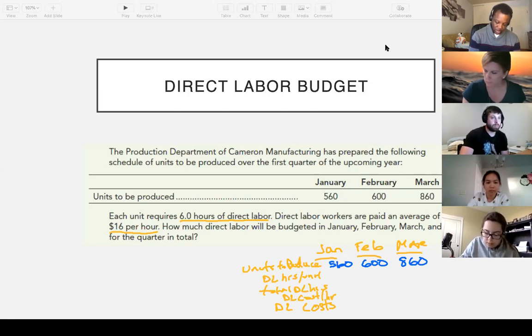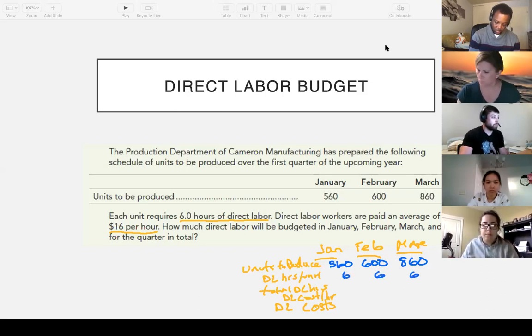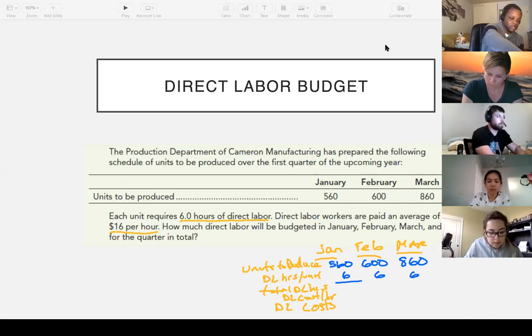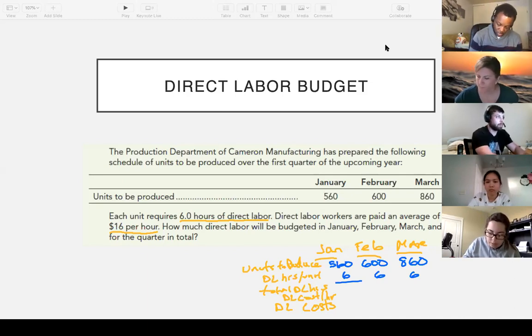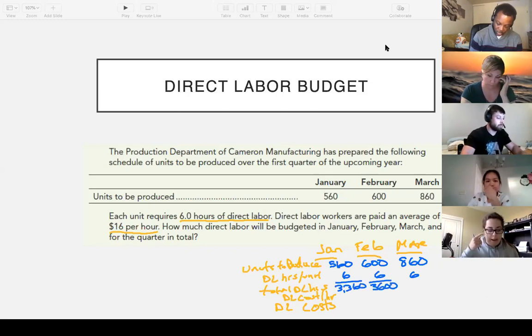Our direct labor hours per unit is 6, which means to produce, for January, 560 times 6 is 3,360. February is 3,600. And then March is 5,160.